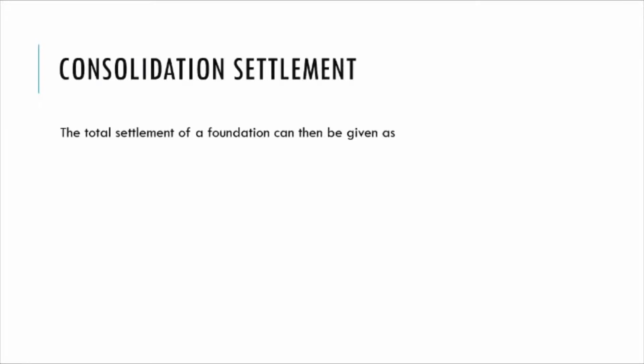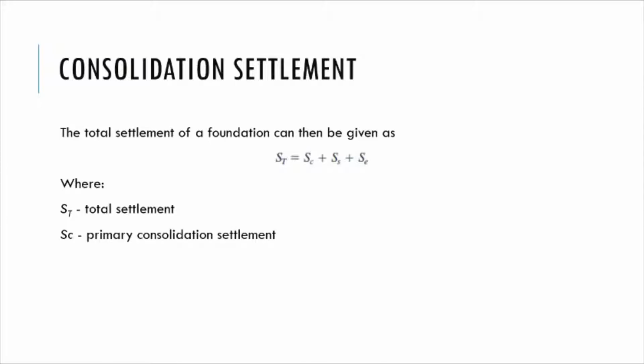So the consolidation settlement is the sum of the settlements. Total settlement of a foundation can be given as S sub T equals S sub C plus S sub S plus S sub E, where S sub T is the total settlement, S sub C is the primary consolidation settlement, S sub S is the secondary consolidation settlement, and S sub E is the elastic settlement.